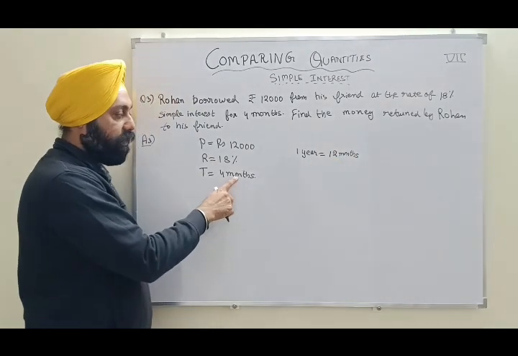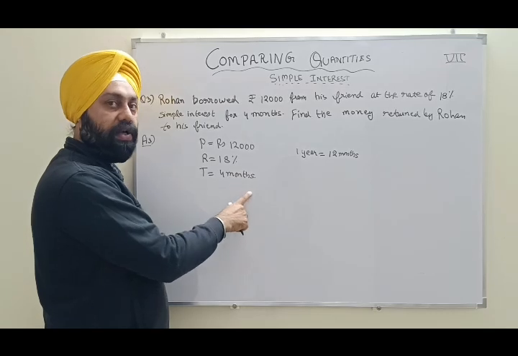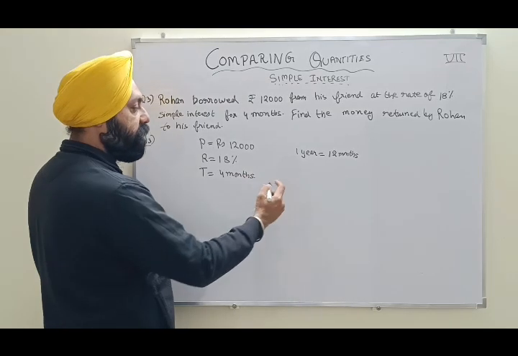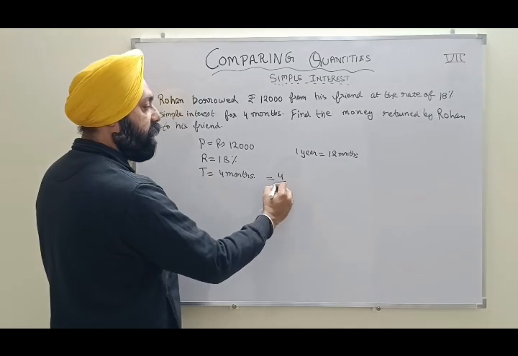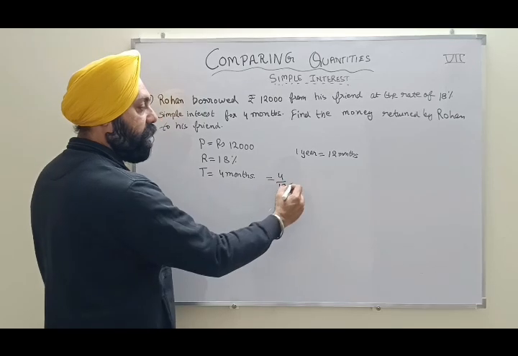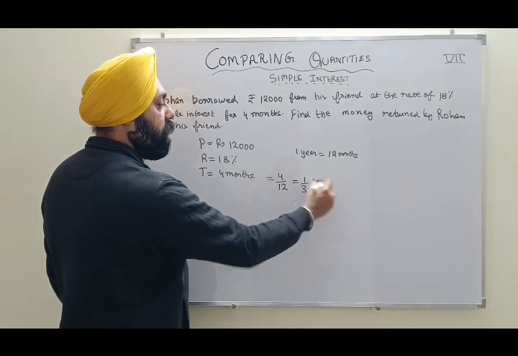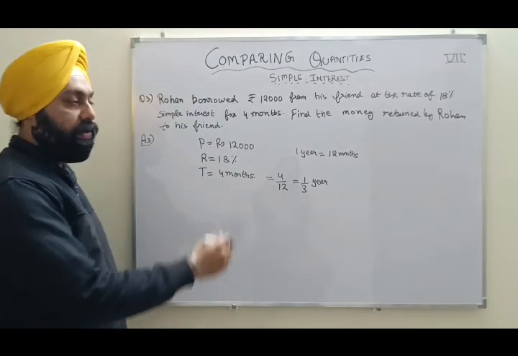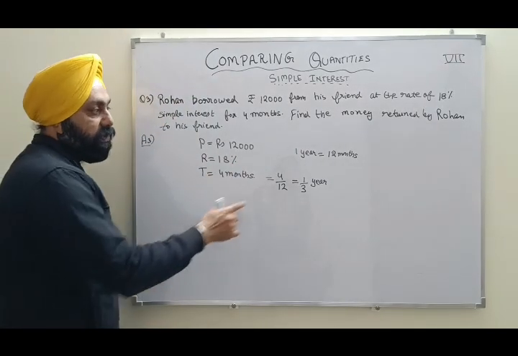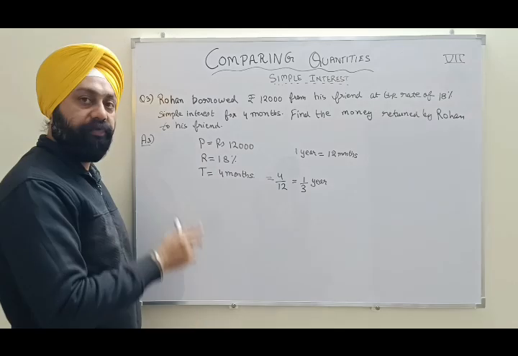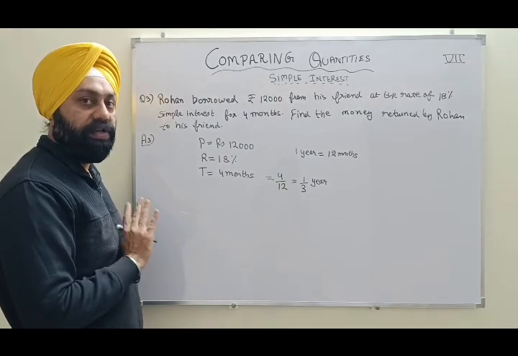Month is smaller than year, so we divide 4 by 12, which gives 1 by 3 year. We can leave this in fraction; we don't need to convert it into decimals.